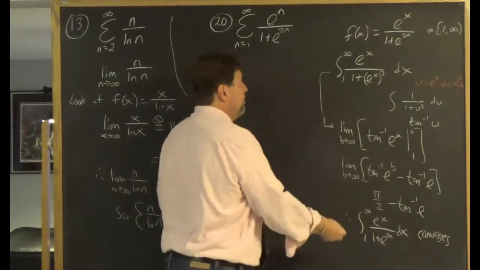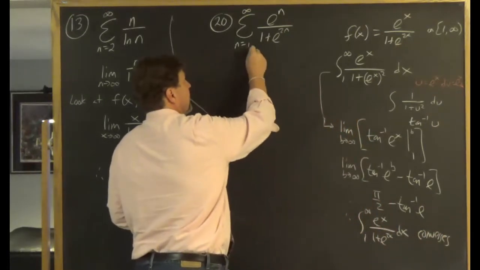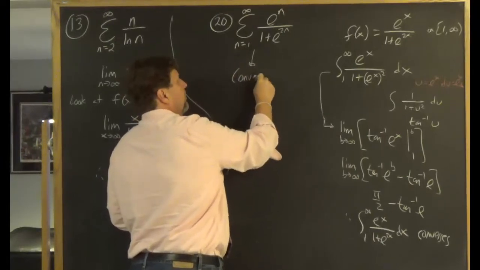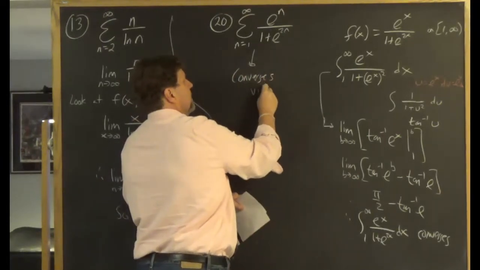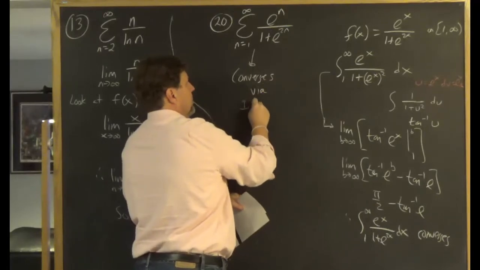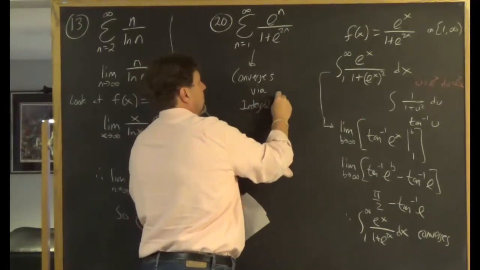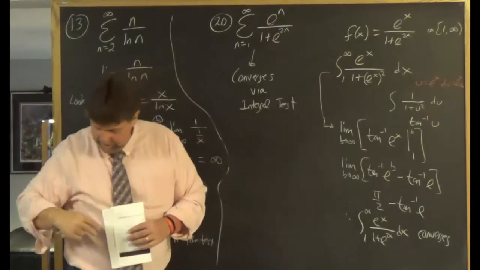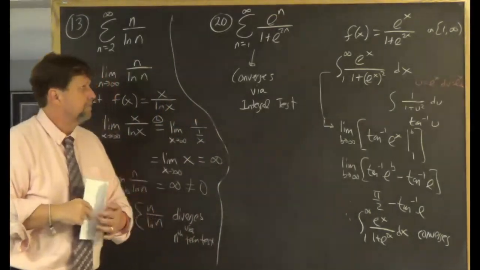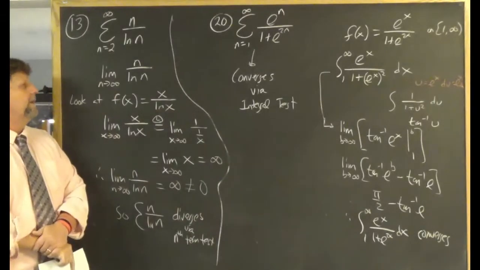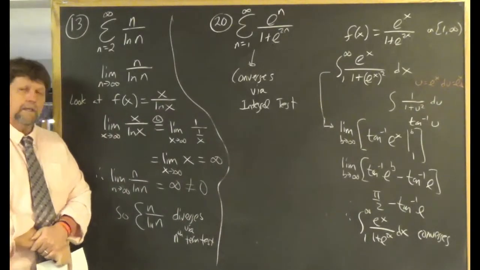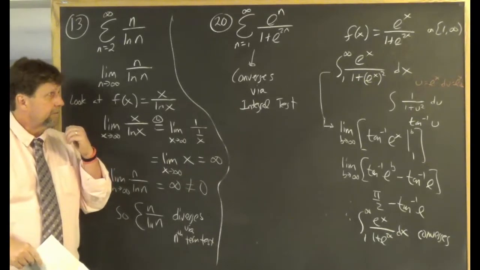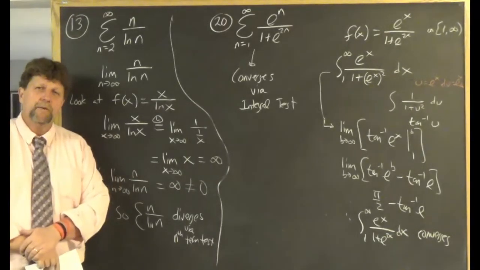And if the improper integral converges, that tells us that our infinite series converges thanks to the integral test. All right, so that's number 13, that's number 20. Hopefully you got those. I'm going to head back to the slides and see what's next.